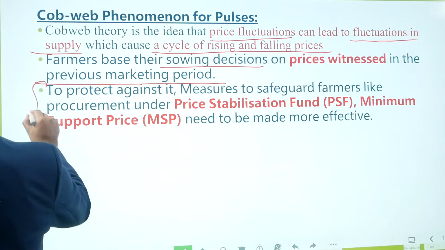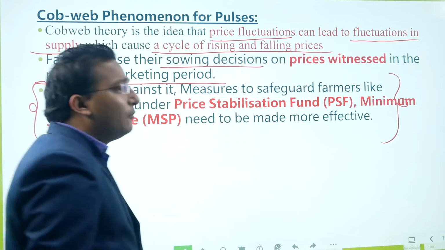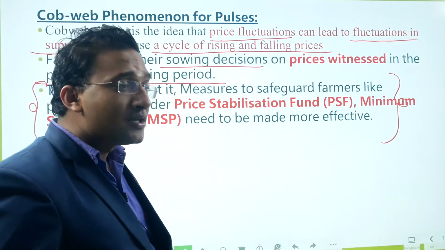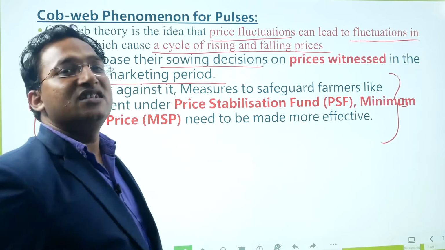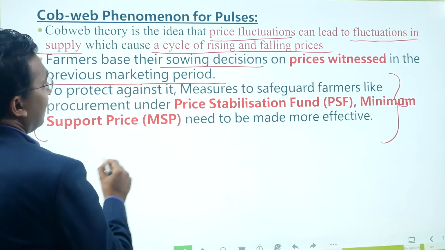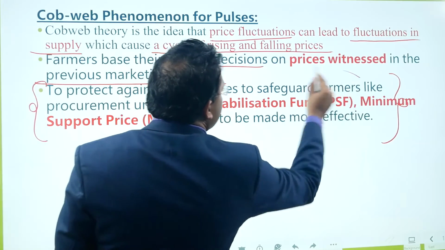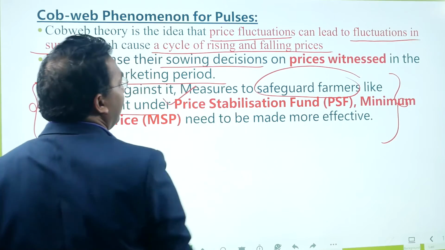Now, how to protect? This is the suggestion given by the economic survey. How to protect the farmers from this Cobweb phenomena? Because this instability in the prices adversely affects the consumer as well as the farmers. To protect against it, there are measures to safeguard the farmers, like procurement under the price stabilization scheme.